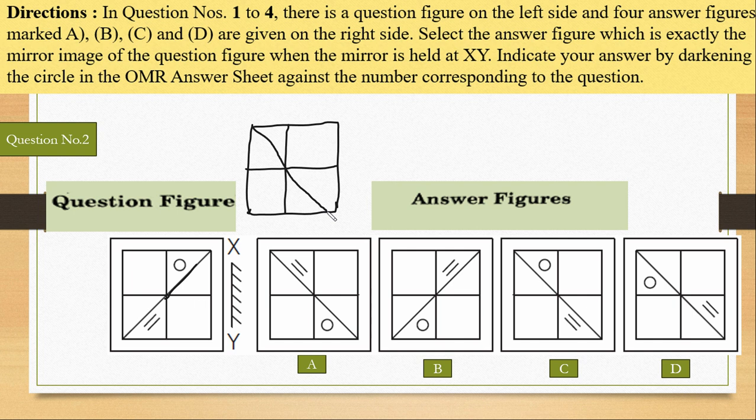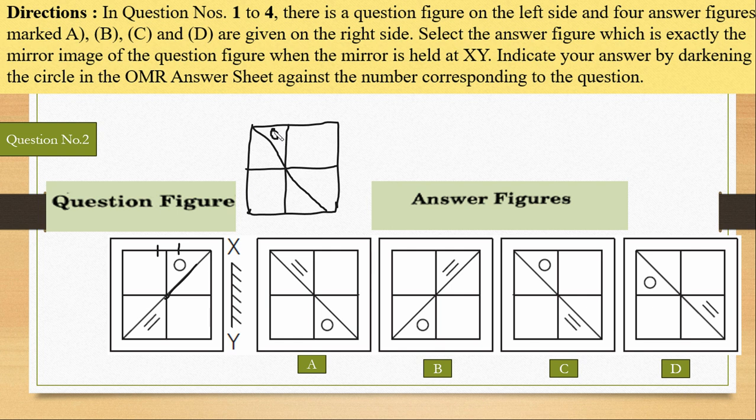Straightforward. This circle appears on the right hand side of the square, so it should go to the left hand side. Where exactly, this side or this side? You can predict that here. Presently it is on the left hand side, so it will appear on the right hand side, in this place.